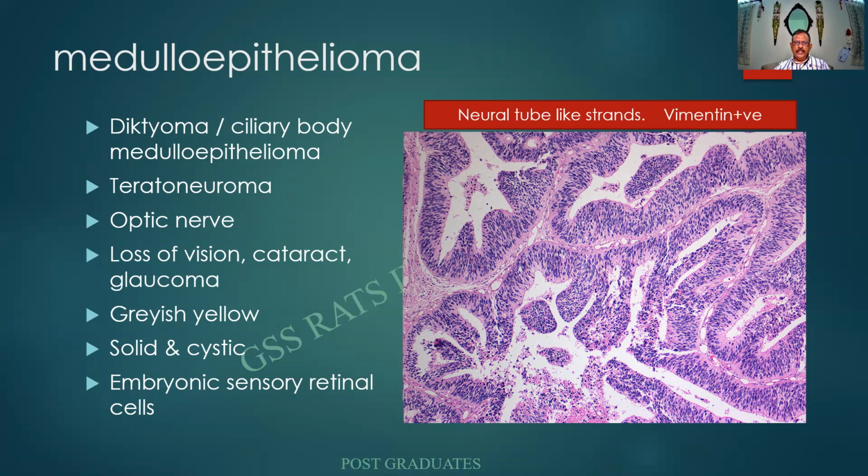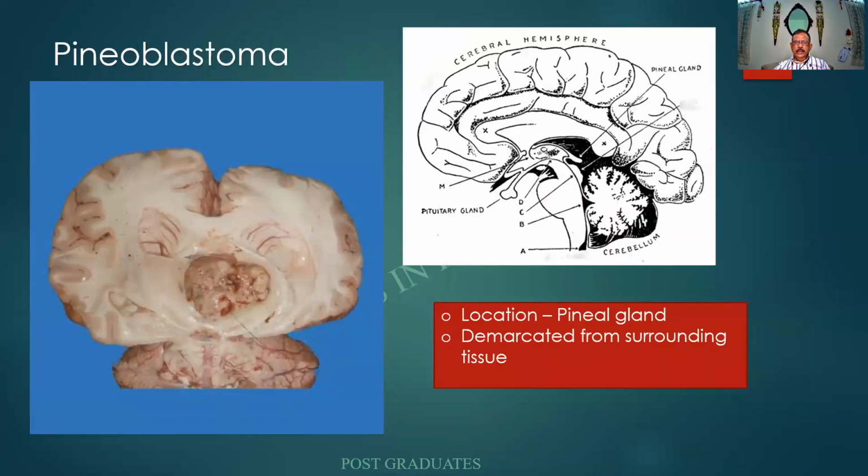Medulloepithelioma. Two locations I have shown you, one in the region of the optic nerve, two in the region of the cerebrum. Another tumor is pineoblastoma. The pineal gland is over here, and there are a few tumors which are of importance to us.